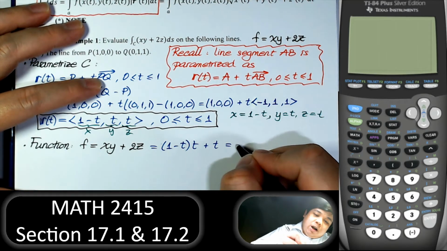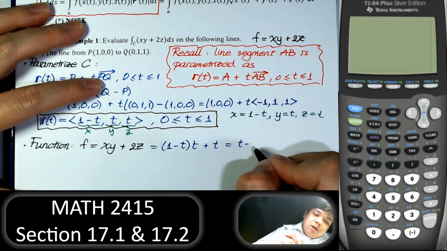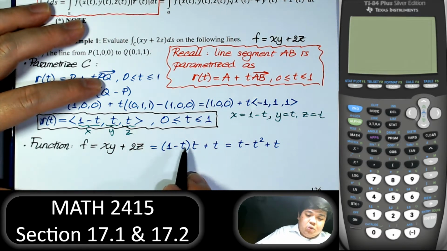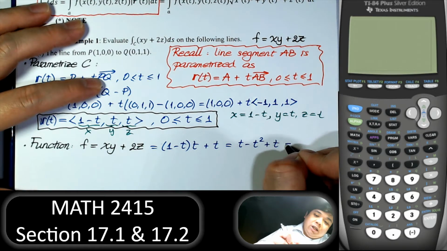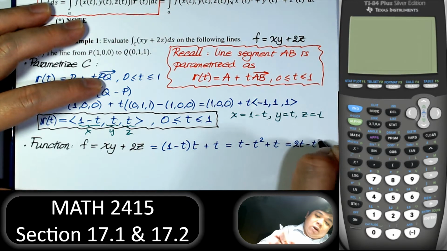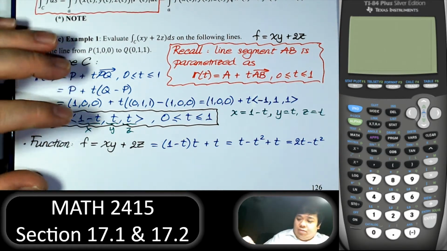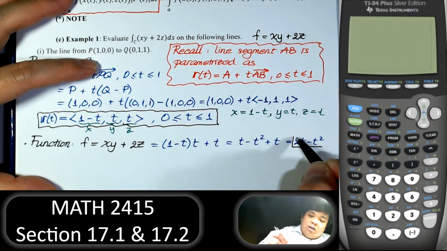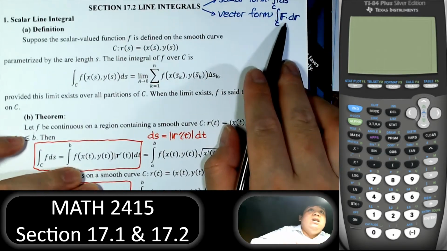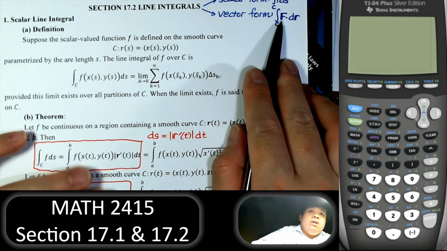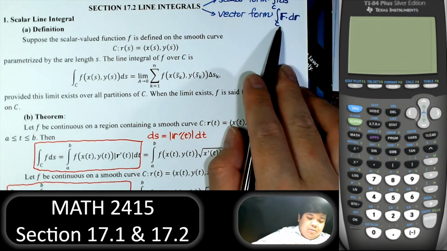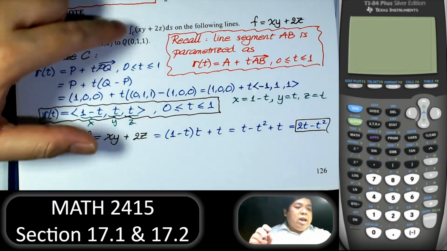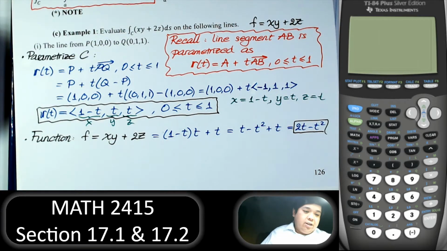Multiplying, we have t minus t squared plus t plus t, which is 2t. So we have 2t minus t squared. That is the function. So we have the curve and we have the function. We need the function or vector field and the parameterized curve C. Now with that, we can put it back into the formula.